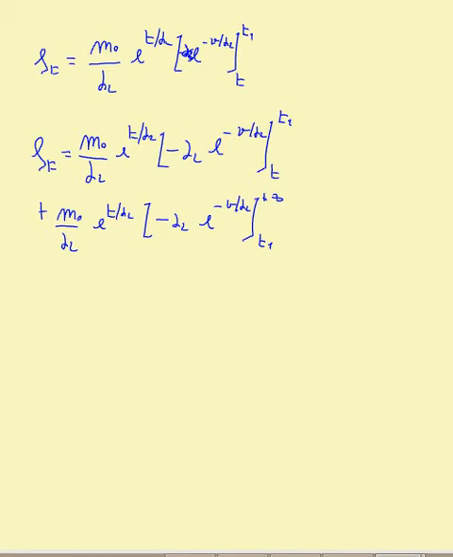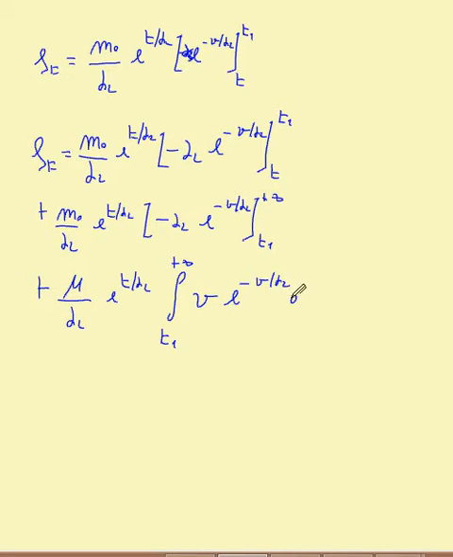Do you agree? Then the integral which we need to solve is plus mu over alpha 2 e to the power of t over alpha 2, which multiplies the integral between t1 and plus infinity of v e to the power of minus v over alpha 2 in dv.